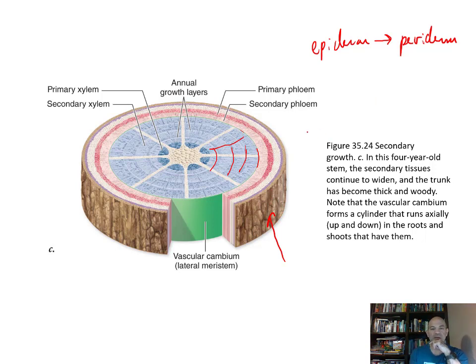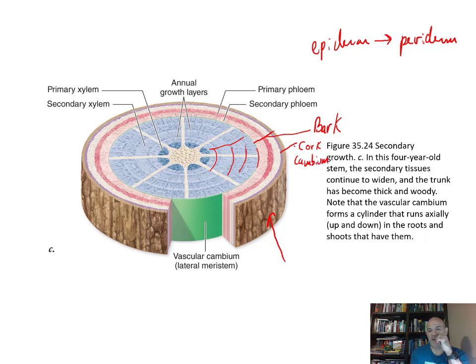This bark is going to include all of the phloem and anything outside of that, not including the vascular cambium, and that is going to be referred to as the entire bark. Okay, but there's the inner bark, which includes the phloem, and then there's the outer bark that's produced by another meristem colored in purple. That meristem colored in purple is called not the vascular cambium, but the cork cambium.